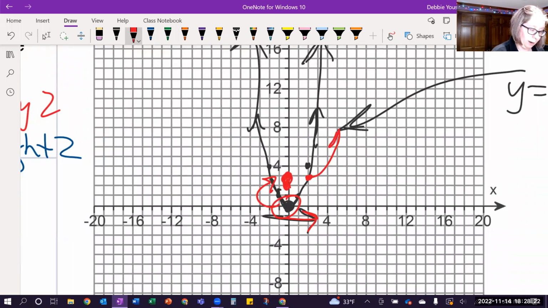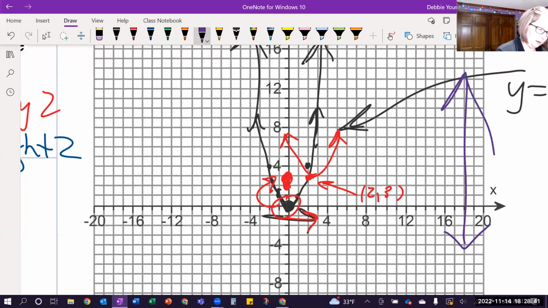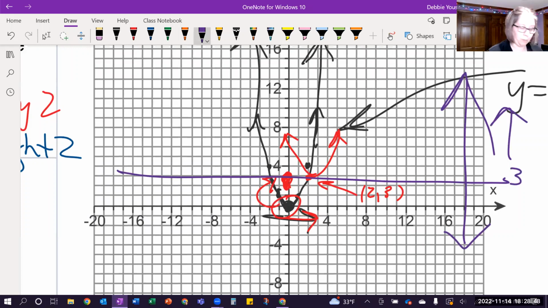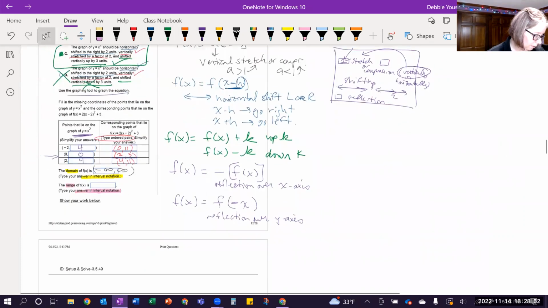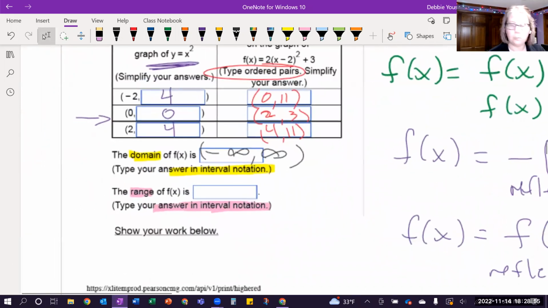So the bottom of my parabola, which again, like I said earlier, you're graphing this in MyLab, so you're just going to use the tools and it's going to plot it for you. But the bottom of this is now at 2, 3, which means range-wise, which runs up and down, it doesn't start until I'm at 3, and then everything above that. So my range here, sorry, not my domain, range, I misspoke.